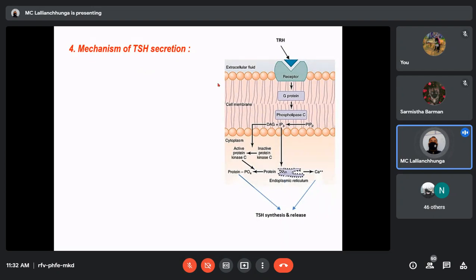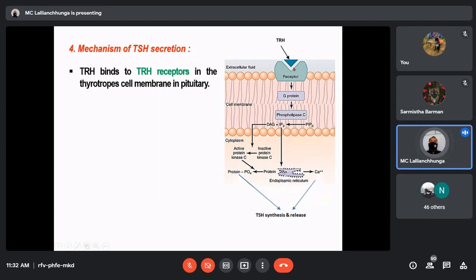So, the mechanism of TSH secretion, how they are secreted. This is another mechanism of TSH secretion, and as you know, it is influenced by the TRH. We'll just discuss it.